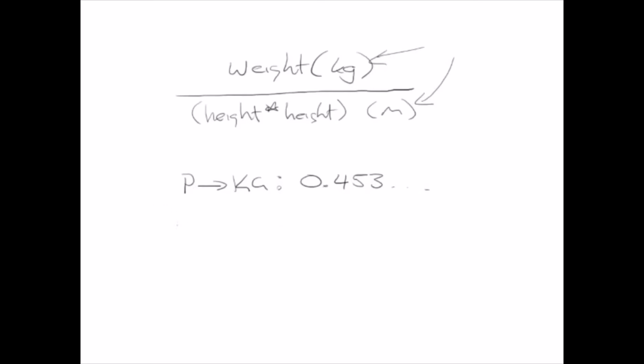And to go from inches to meters, we multiply by 0.0254. So these are the constant values that we need to use to convert the input the user gives us into something that we can actually use directly to compute the body mass index.